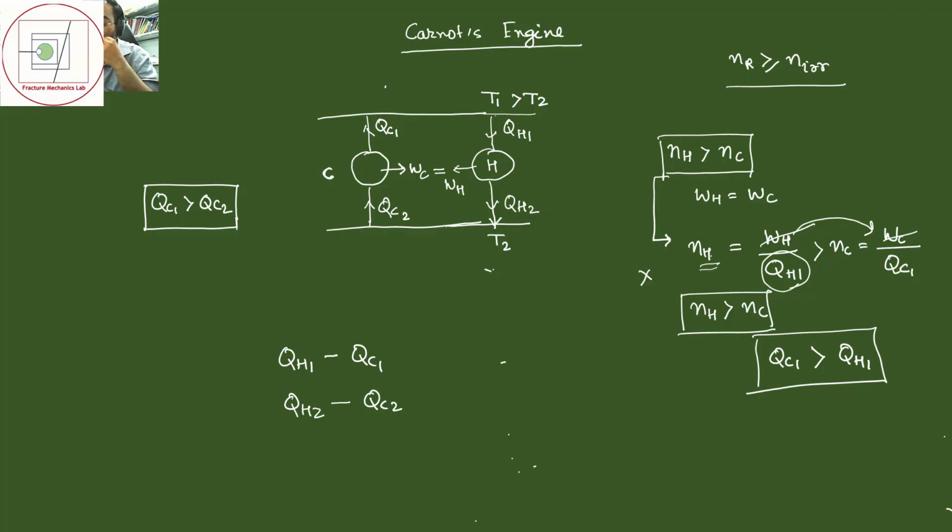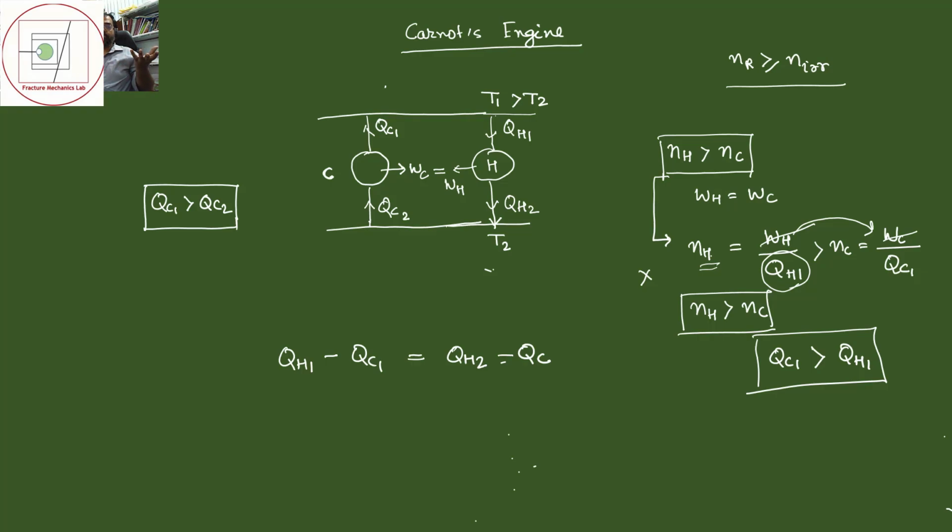So now applying first law of thermodynamics, it is going to be equal, right? Because energy cannot be created nor be destroyed. So QH2 minus QC2. So these two are going to be same, isn't it? The amount of heat which you take, you have to supply that much amount of heat.